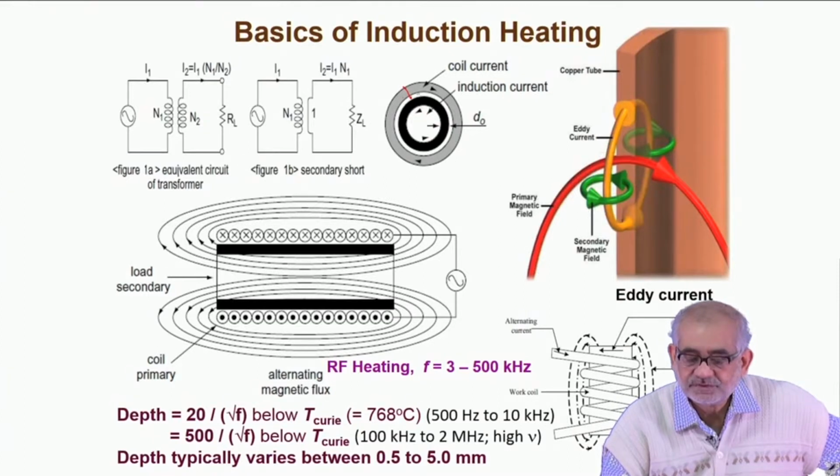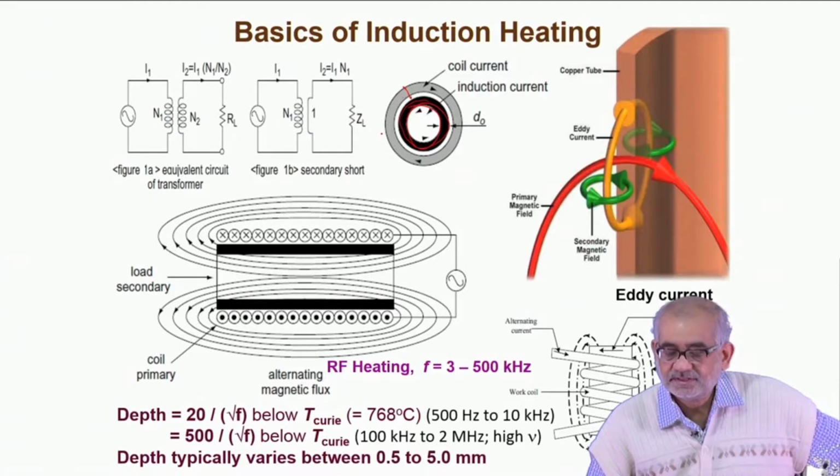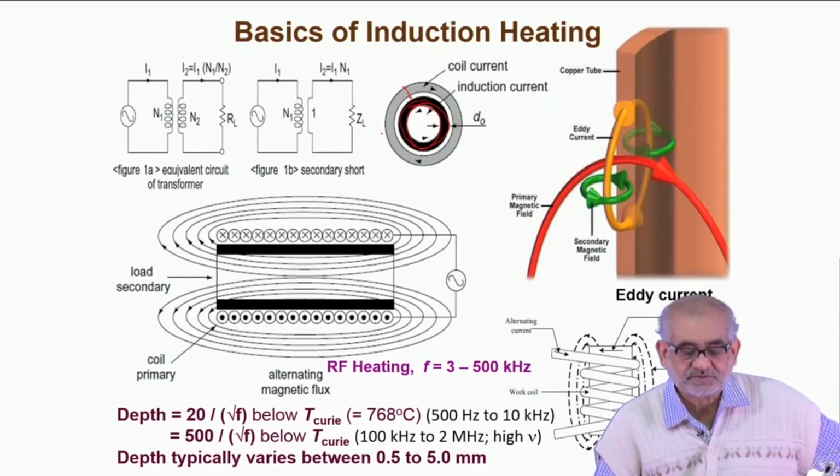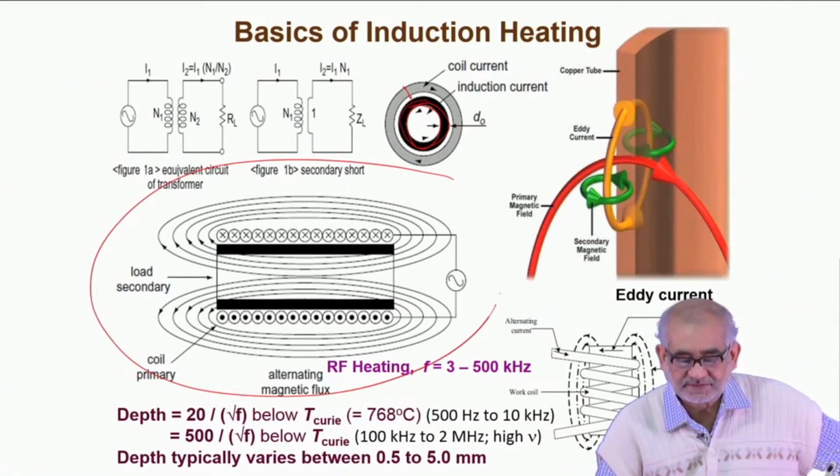This is the coil current, and this coil induces current into the stock, the circular section of which you are seeing here. Particularly, the eddy current that we generate is responsible for heating, and this is the overall picture of electromagnetic induction.